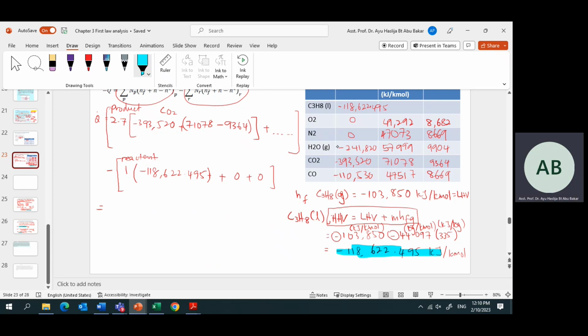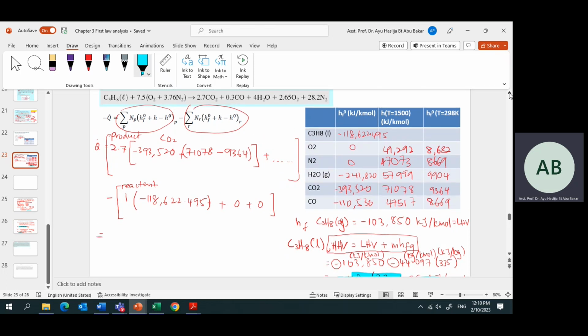Sensible heat is the enthalpy at a specific temperature minus the enthalpy at reference. In this case, our inlet temperature is 298, equivalent to 25 degrees C. This is the inlet, similar, at the same temperature as the reference. So that's why there is no sensible heat.